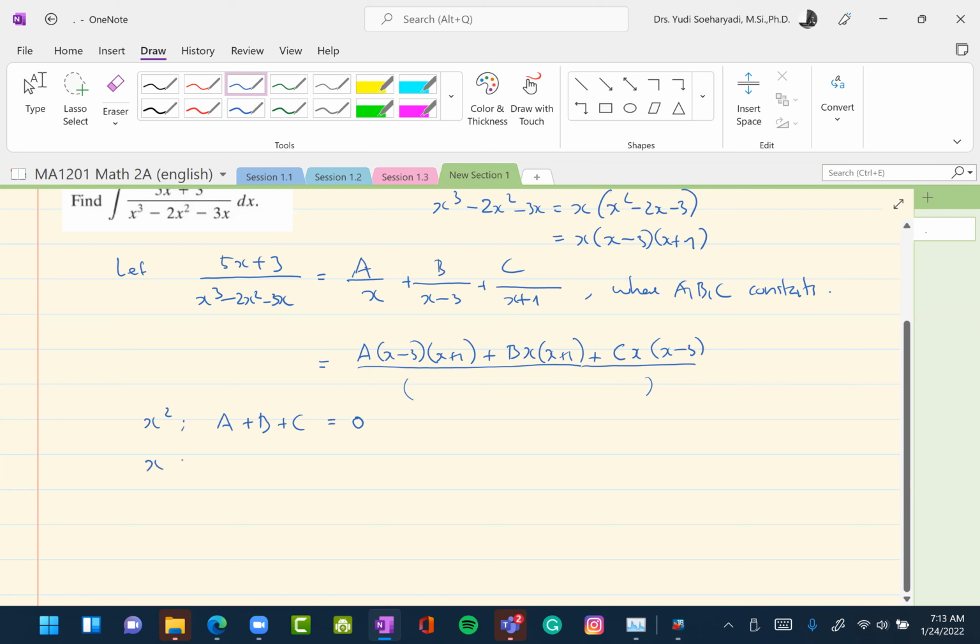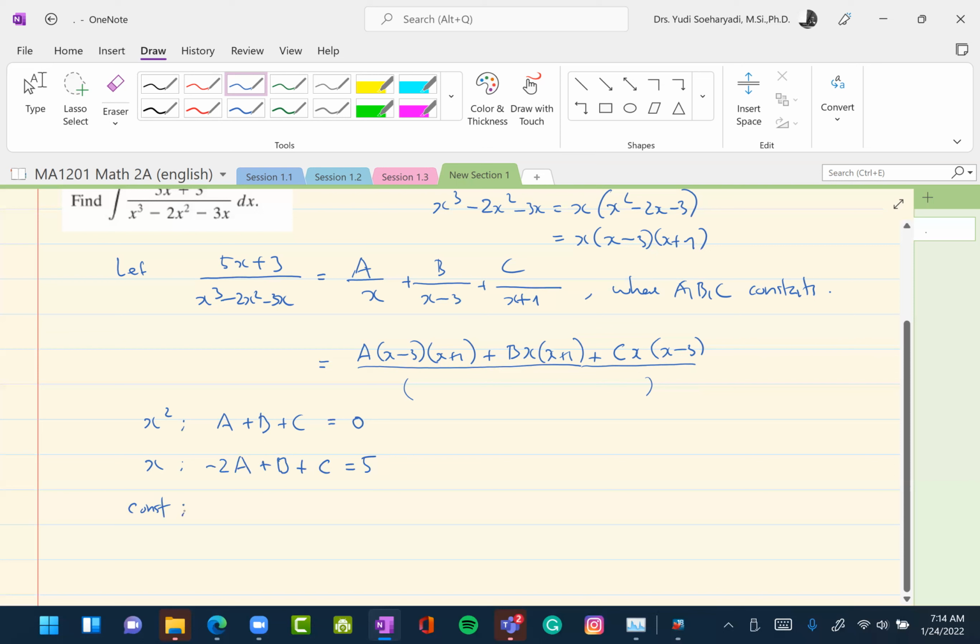And the x terms: you have a minus 2 here, so minus 2A, here just B, here just C, and that equals 5.